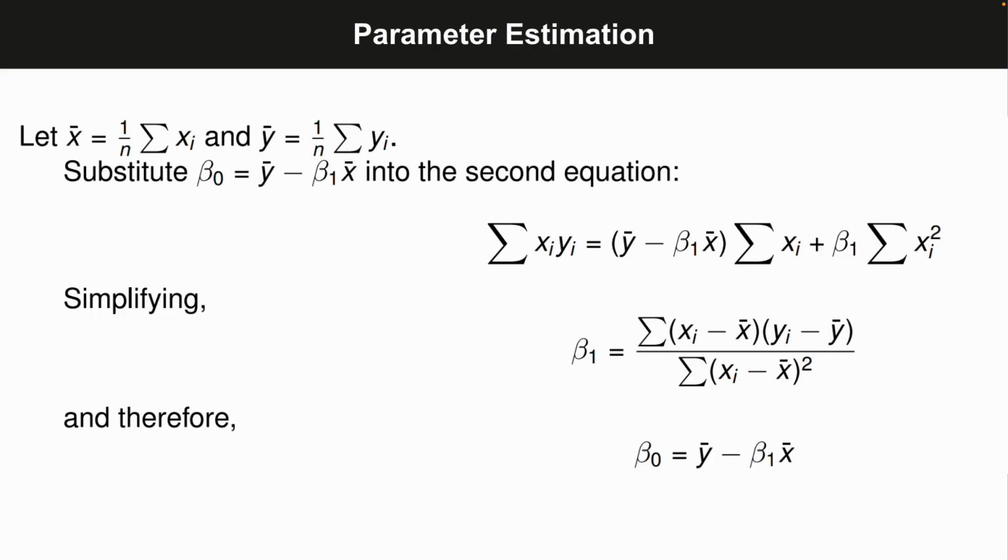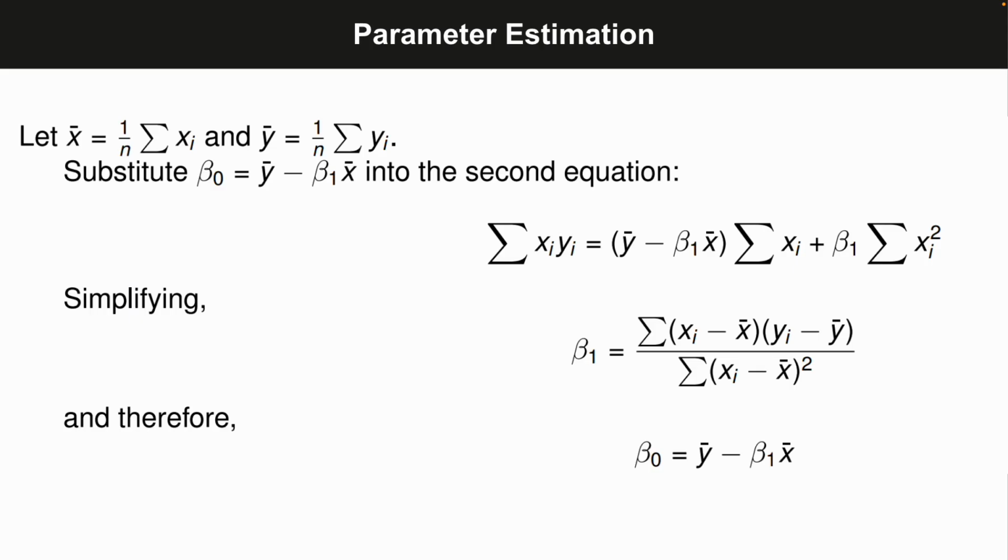Very quickly, this beta 1 estimate looks like the covariance that you define for x and y divided by the variance of x.